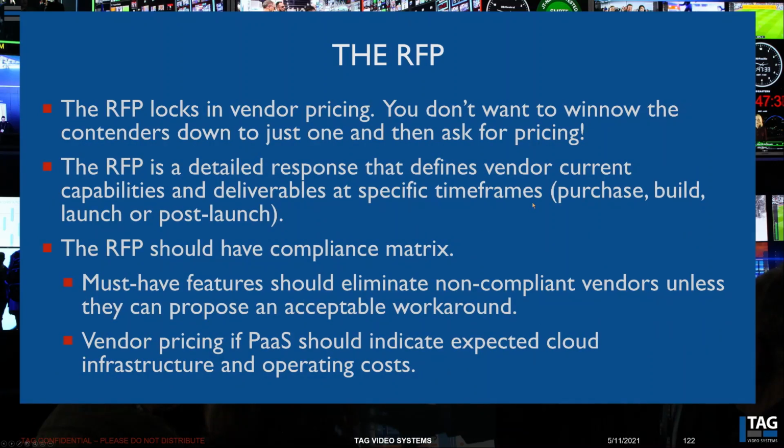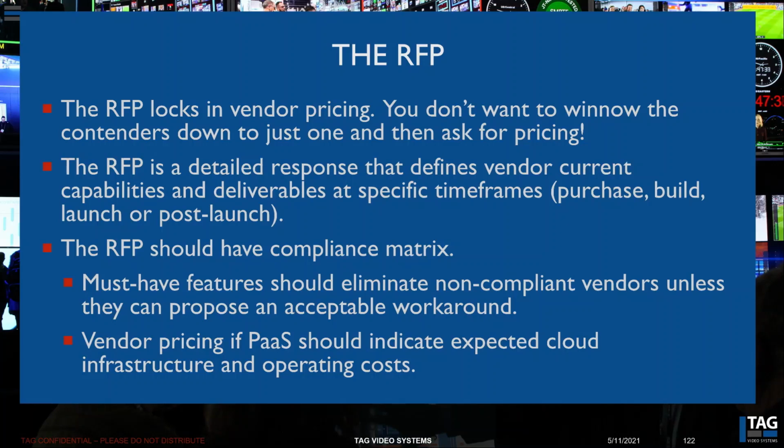So the RFP locks in vendor pricing. You don't want to winnow the contenders down to a single one and then ask for pricing, right? An RFP is a detailed response that defines vendor current capabilities and deliverables at specific timeframes. So you want to understand what can they deliver today at time of purchase, or when you're building a system or launch, or what won't be available until post-launch but they'll still commit to delivering. The RFP should have a compliance matrix.